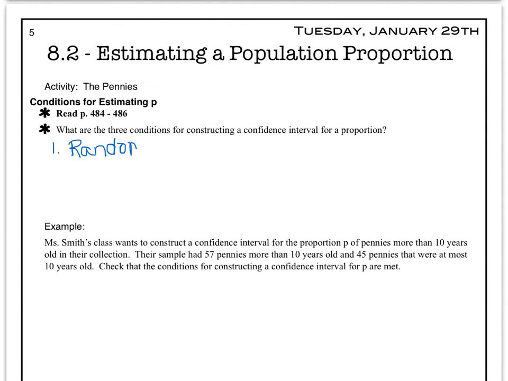If it's random, it will say so in the problem. You will need a reason to believe that it's random, or it will need to say random sample, etc. If you have no idea how they collected their sample, then you can't say that it's random and that condition's not met.